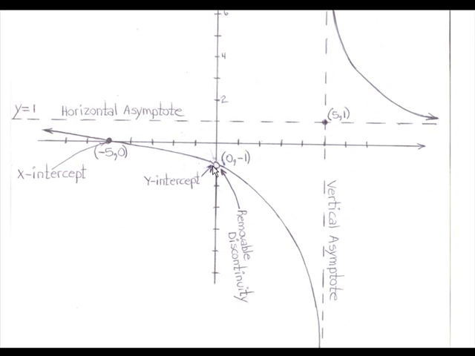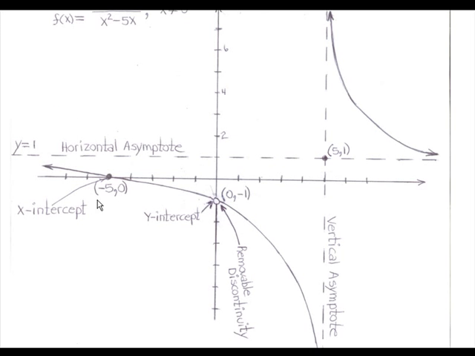So that's an open hole. And we also found that the x-intercept is (-5, 0). From the simplified factored form of f of x, we saw that the x-intercept is (-5, 0).